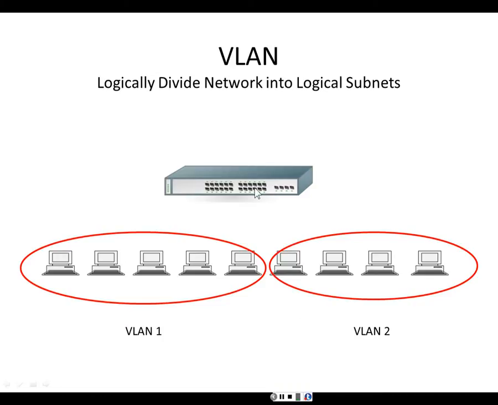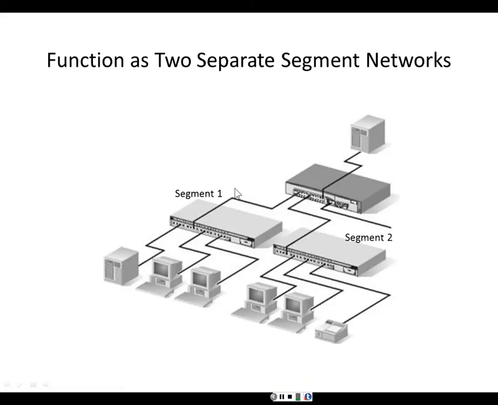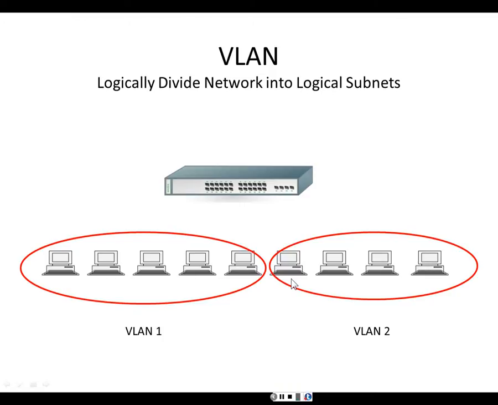And the reason we do that is so it'll function as if there really are two physical separate network segments separating these machines from these machines. A VLAN logically divides a network into two logical segments to separate one group of computers from the other.